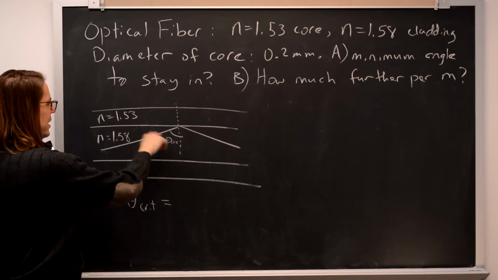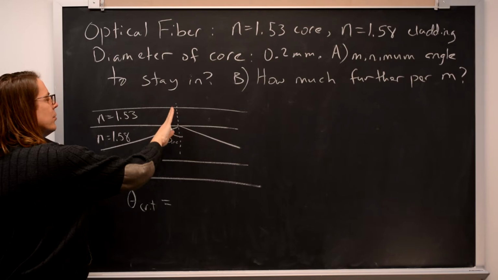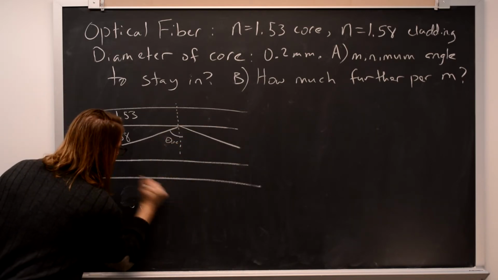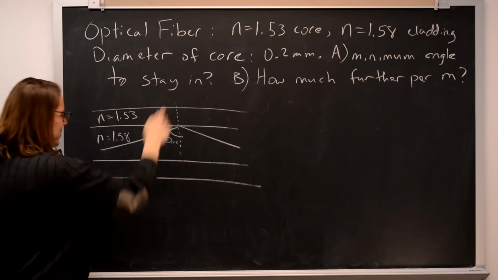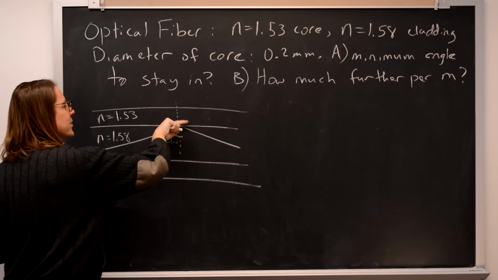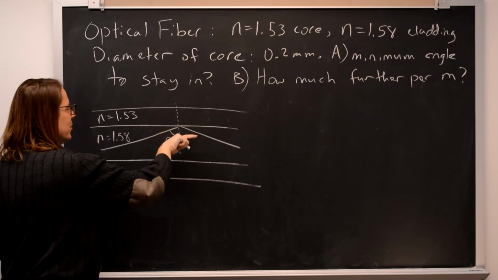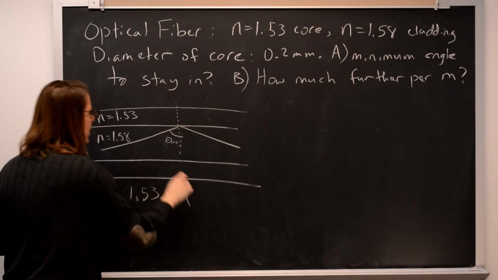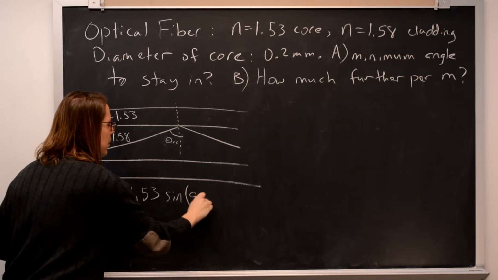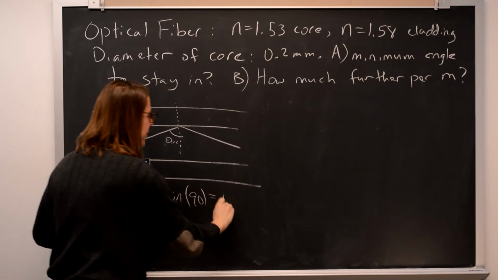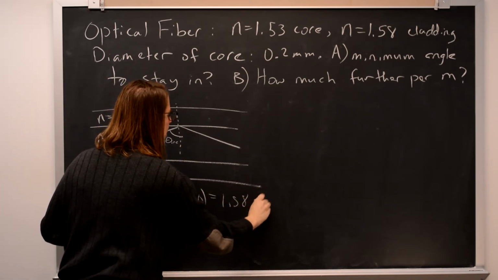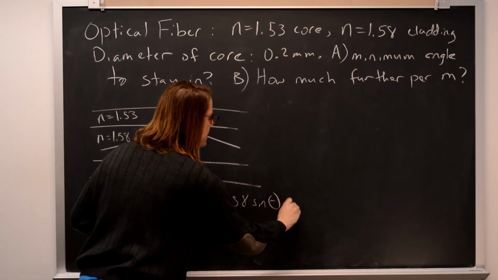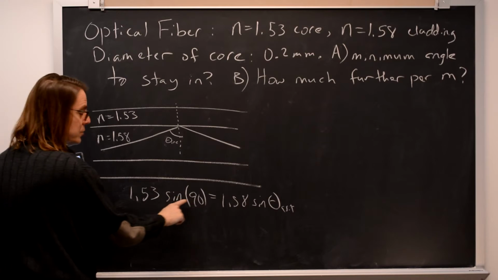It's the case where you have the refracted ray at 90 degrees. So, well, let's just derive it. Why not? We're going to do Snell's law here and say we want the critical case where the refracted ray has nowhere else to go. So it's 1.53 times the sine of 90 equals 1.58 times the sine of that critical angle, θ_cr. The sine of 90 is 1.